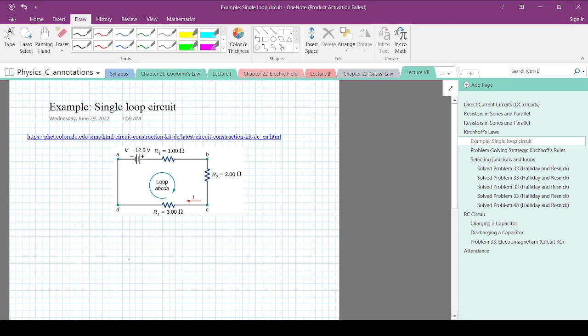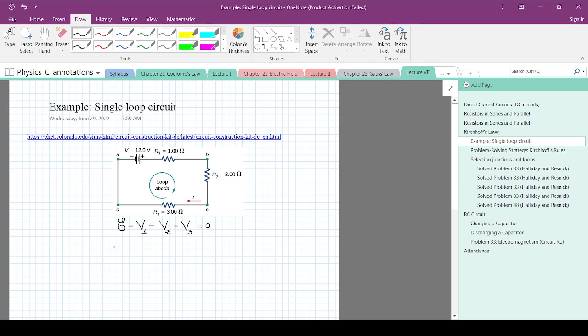So we have here, for example, V, the electromotive force, minus V1, a decrease in potential there, then a decrease in potential in the second resistor, and then also a decrease in potential here, and this should be 0.